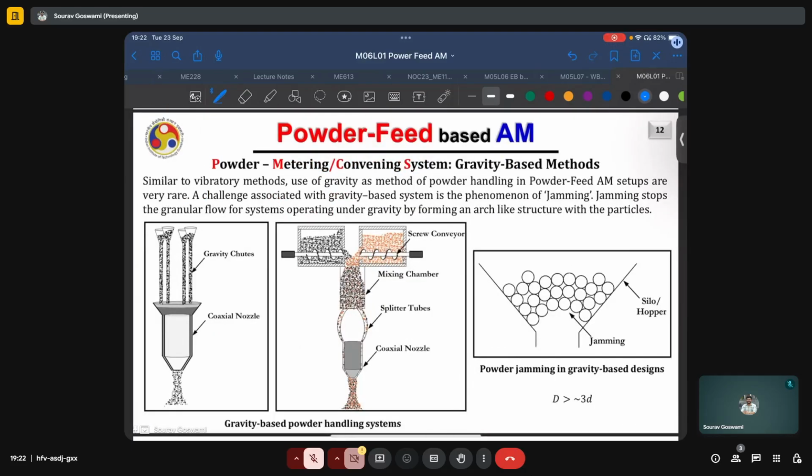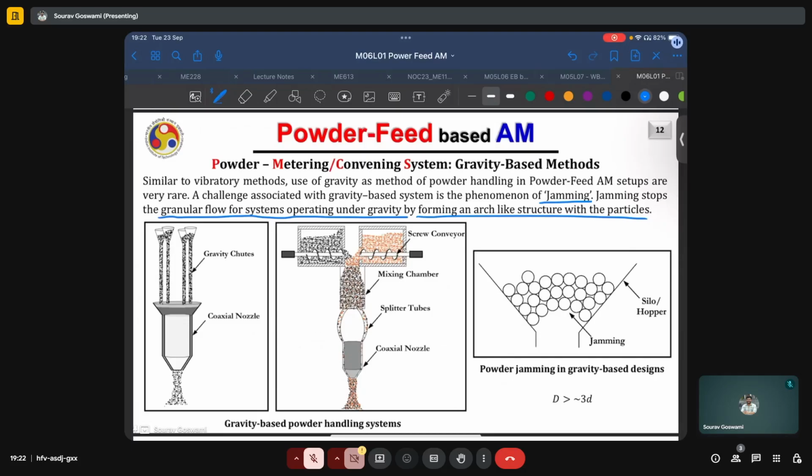Gravity-based methods have also been reported, which are similar to vibratory methods and are rare for commercial applications. One of the major hurdles which limits their application is the phenomenon of jamming of powders in these gravity-based systems. Jamming stops the granular flow for systems operating under gravity by forming arch-like structures with the particles.